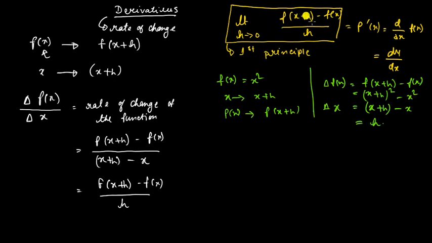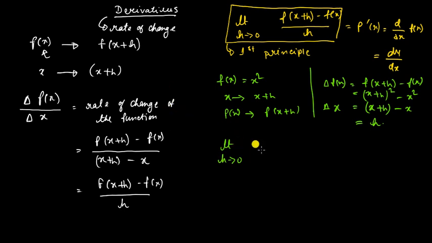If I put the values in this, then what are we going to get? Limit h tending to 0. Why is it that h tending to 0? There is a change in the variable which is creating the function, and we are considering this for the smallest change, so that is why we have put this limit h tending to 0, while the change is going as close as it can to 0.